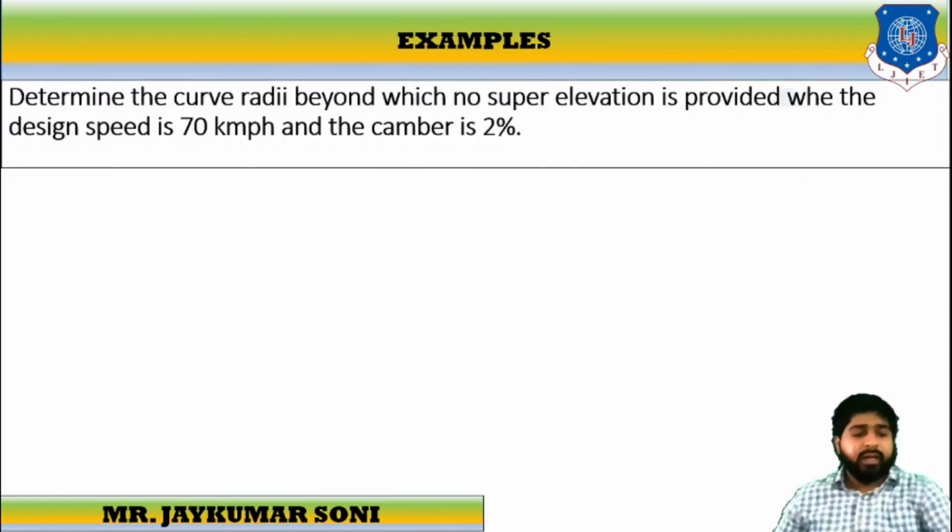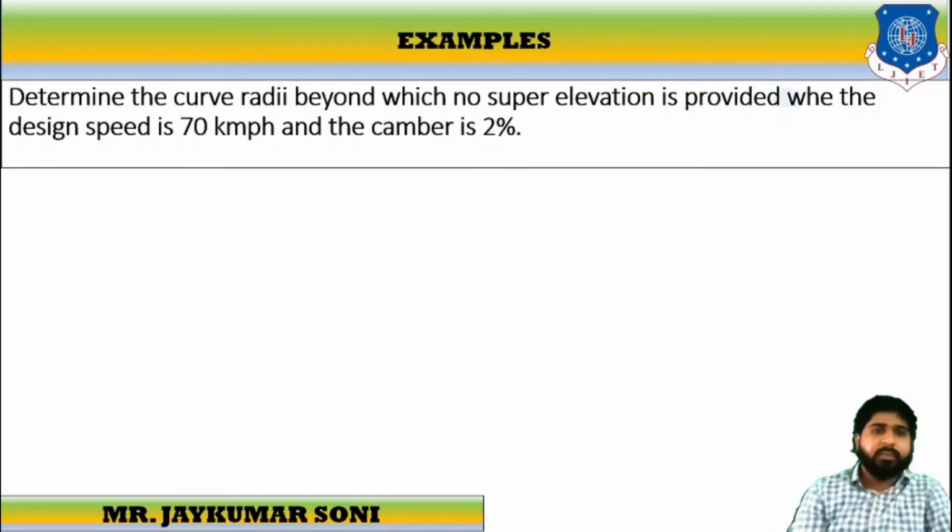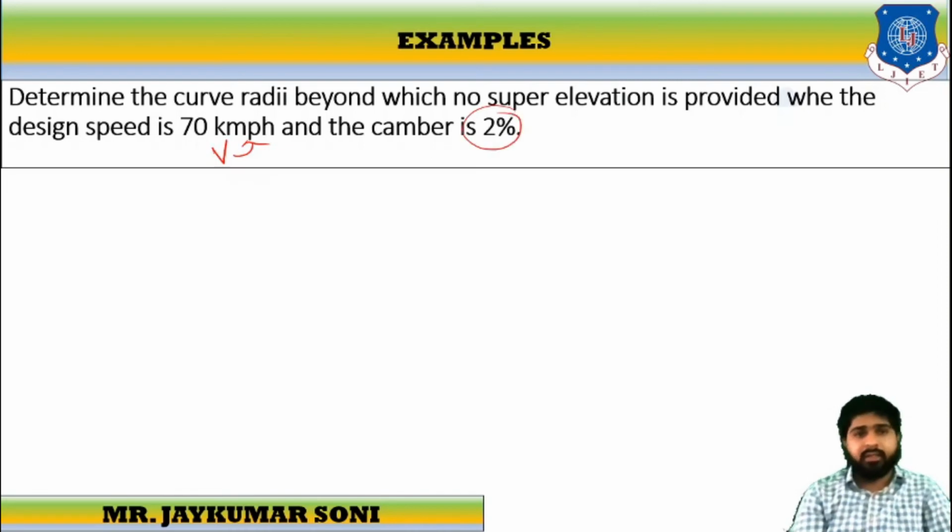Determine the curve radius beyond which no super elevation is provided when the design speed is 70 kmph, capital V is 70 kmph, camber is 2%. So this is another type of example. First of all, what we will do, we'll convert this kmph into meter per second.